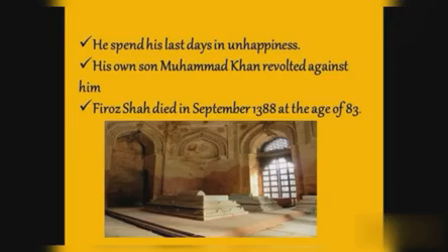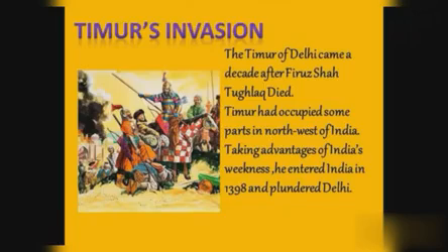Timur's invasion started from 1398. Timur came to Delhi a decade after Firoz Shah Tughlaq died. As a ruler of the region around Samarkand in Central Asia, Timur had occupied some parts in the northwest of India.